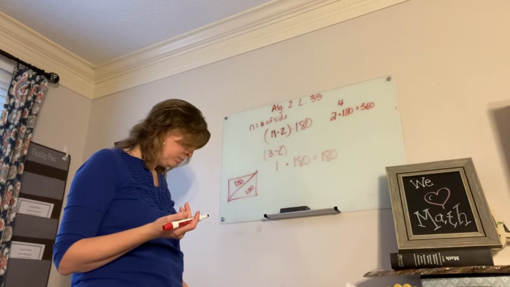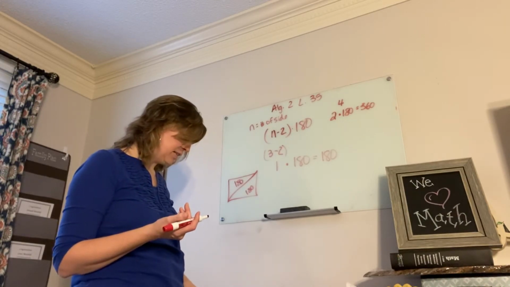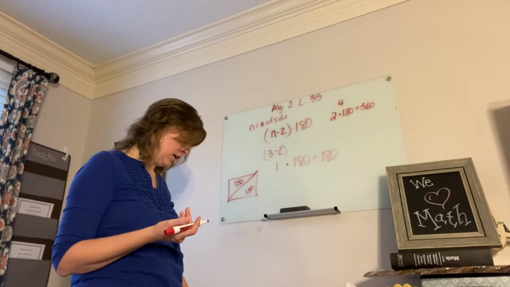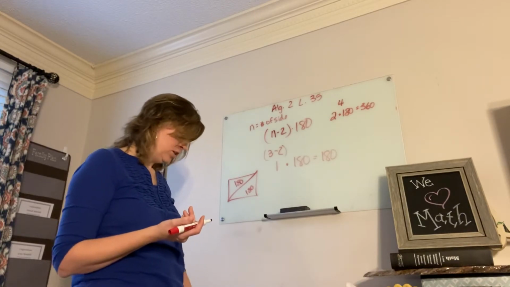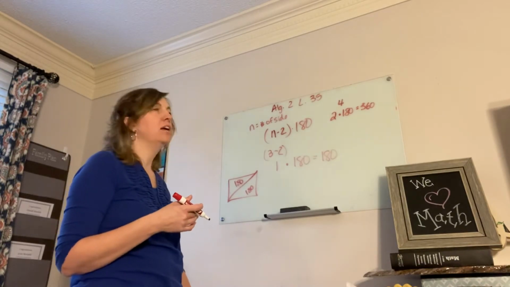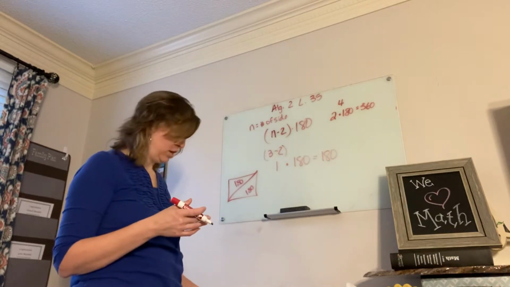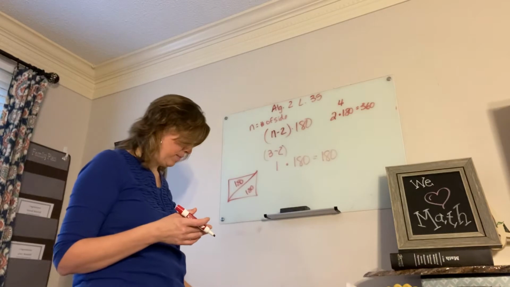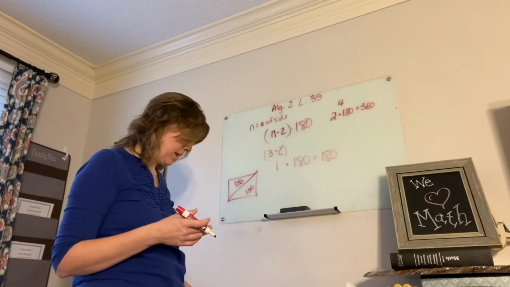Now, it says the sum of the measures of the exterior angles for any polygon is 360. So the exterior angles of any polygon is always going to be 360. Interior, this is how I solve it, but exterior will always be 360.